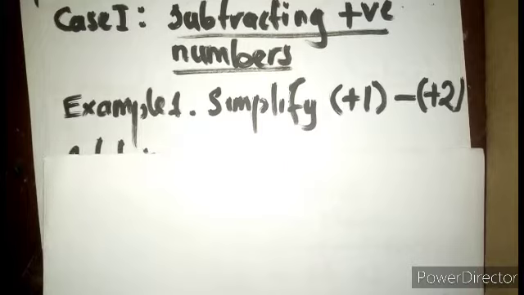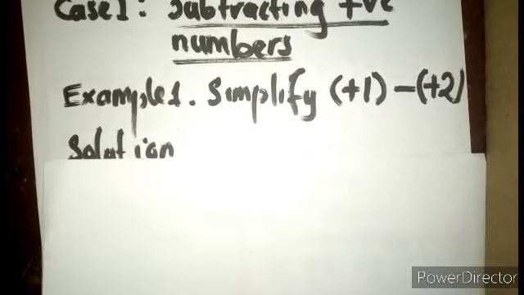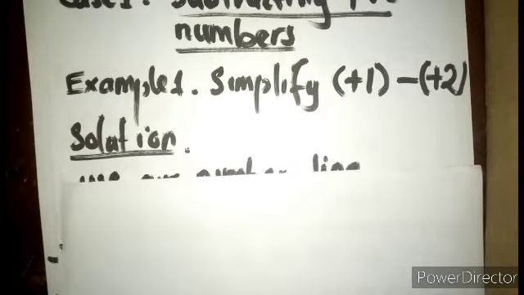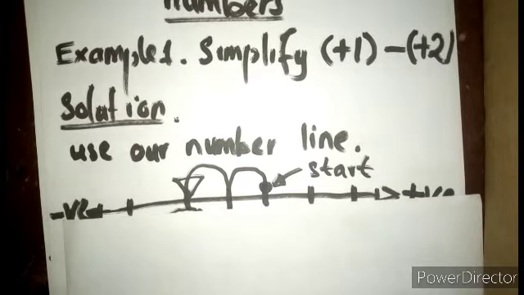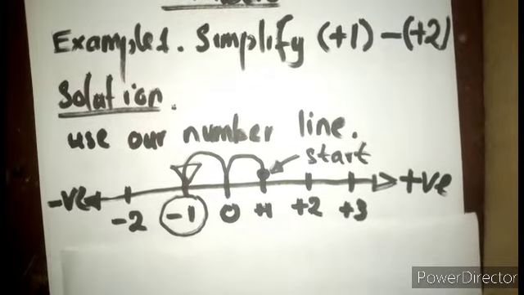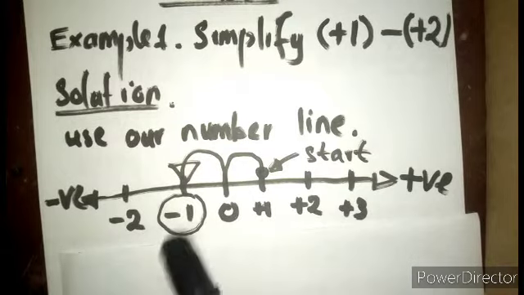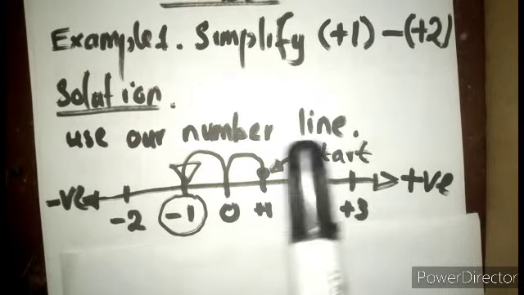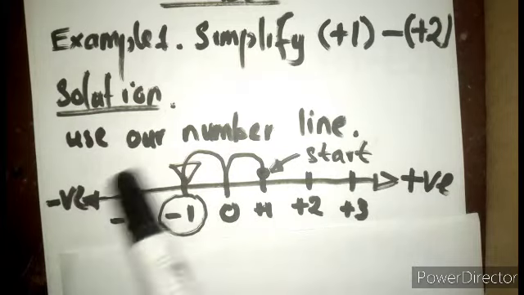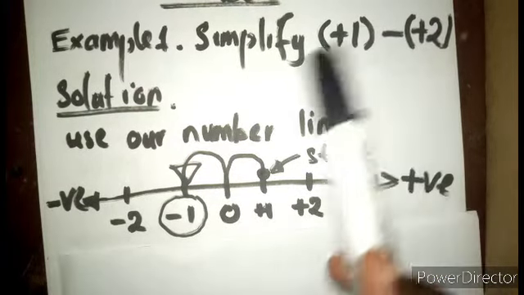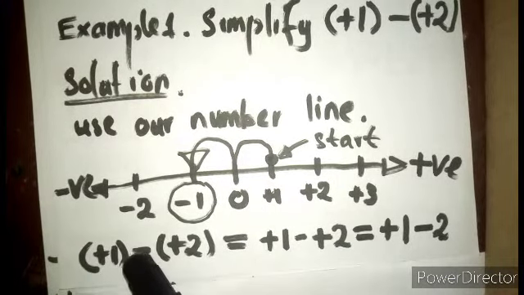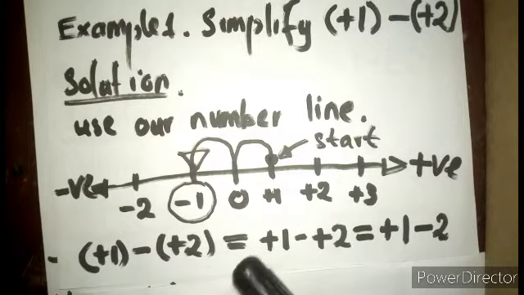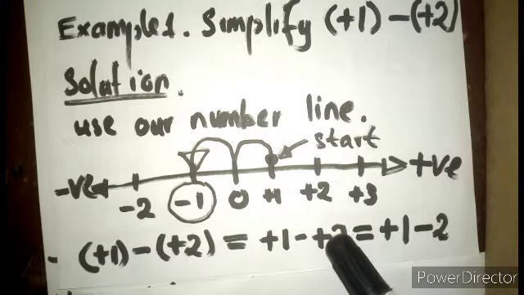Let's start with simplify. Positive 1 minus positive 2. Solution. You see, using the number line system, we can work this out easily. We first of all construct a line with a positive direction. This is a negative direction. And because you're looking for plus 1 minus plus 2, we saw lastly that plus 1 minus plus 2 can easily be written as plus 1 minus plus 2 by removing the brackets.